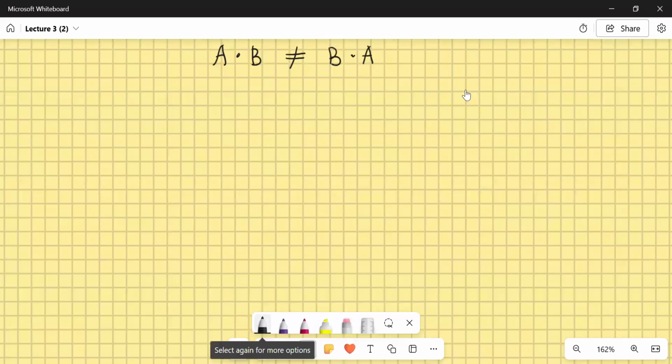So let's consider matrix A, which has dimensions, let's say m, it's better to use first letters, m by n. That's just a general coefficient matrix.